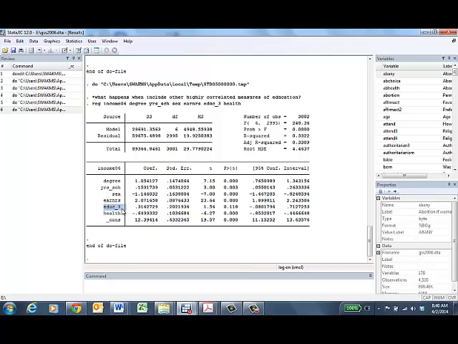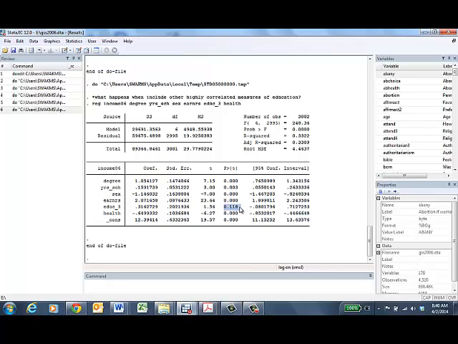The highest category is a higher level of education, and the lowest category is the lowest level of education. So this would seem to suggest, again, this positive coefficient, that education has a positive effect on household income in 2006. But in this case, the effect of education is not statistically significant at conventional levels.